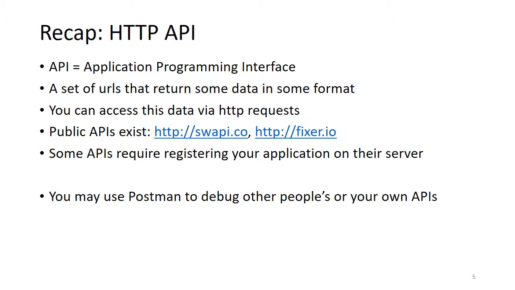And if an API requires you to work with users, for example, like Contact API, with Contact API you basically can do everything a user can do on the Contact website. But to do this, not only do you have to register your application on the Contact website, users should also allow your application to access their own data via the Contact interface.